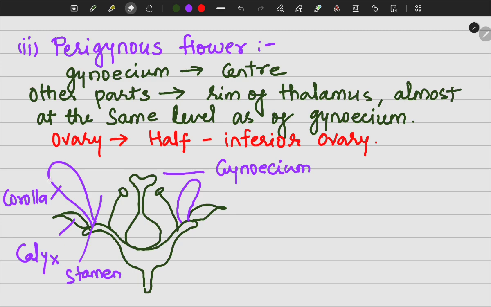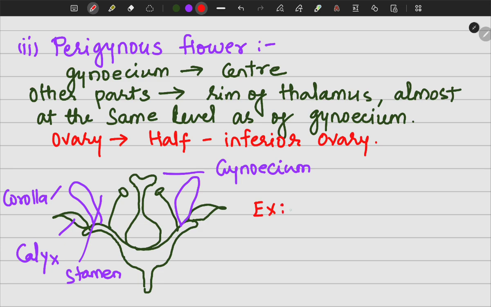And the corolla, not too big but almost at the same level, like this. So such flowers are called perigynous flower, and the ovary is called half inferior ovary.